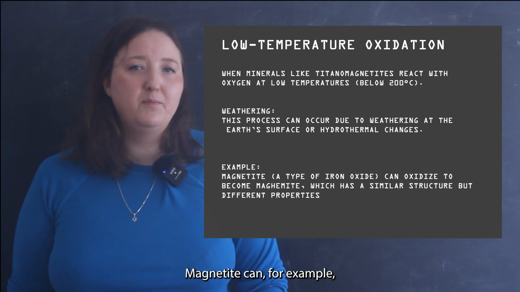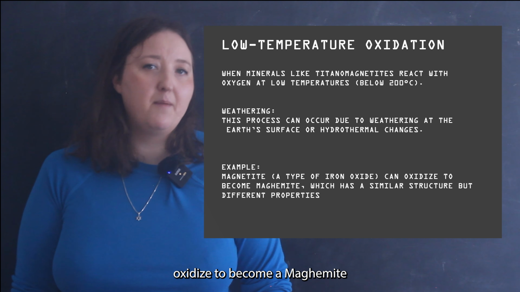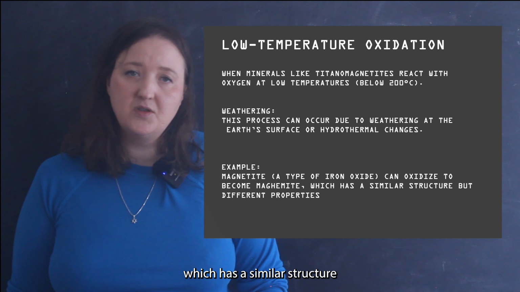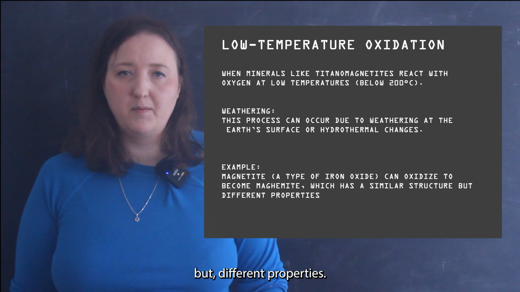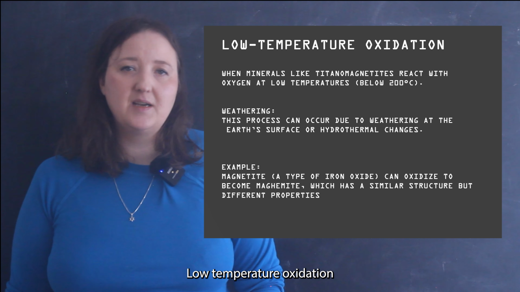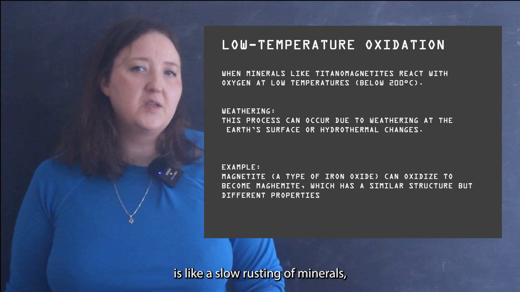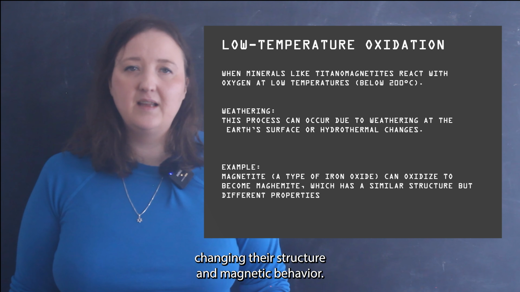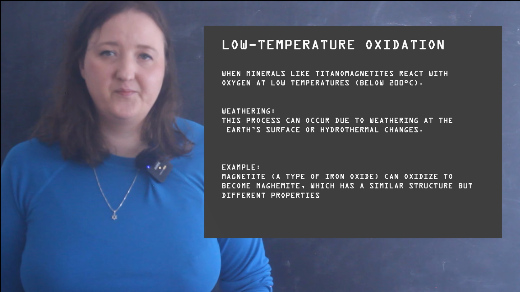Magnetite can, for example, oxidize to become maghemite, which has a similar structure but different properties. Low temperature oxidation is like a slow rusting of minerals, changing their structure and magnetic behavior.